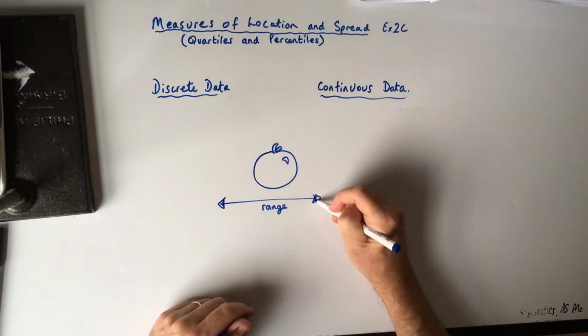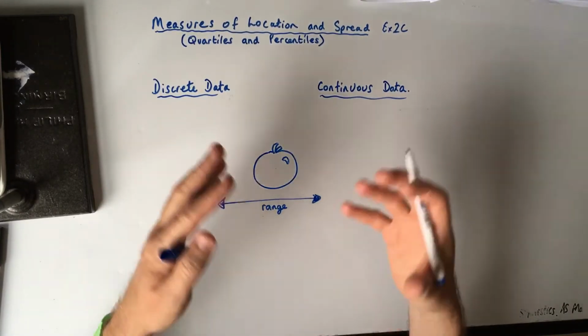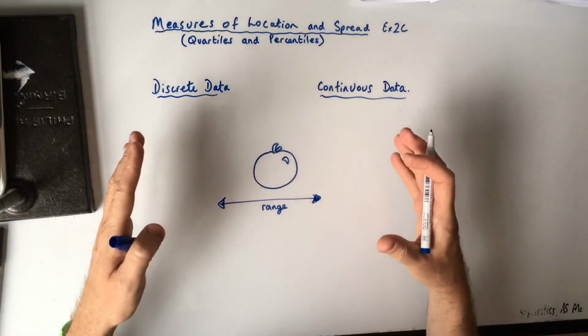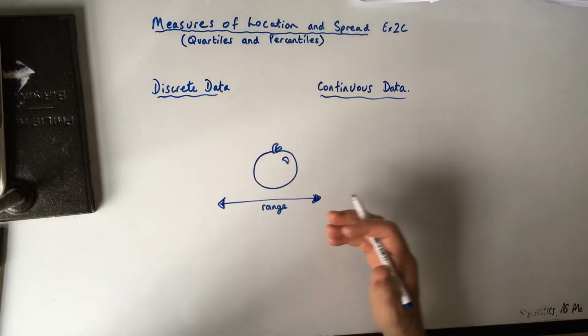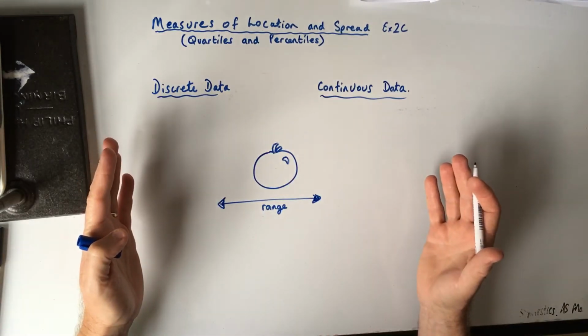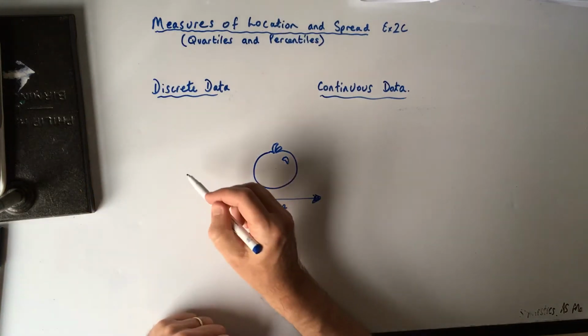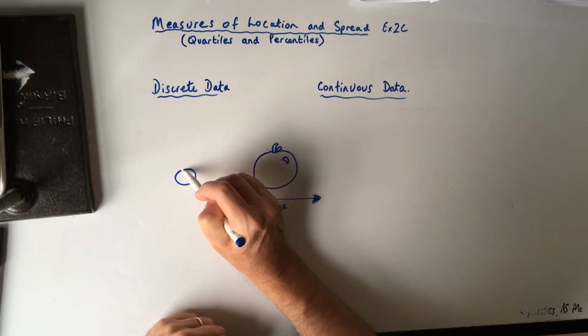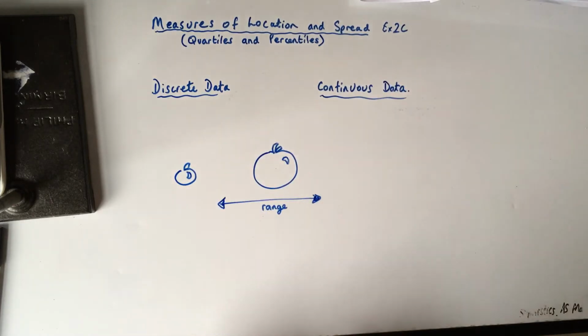So the problem with the range is if the supplier or the person looking at the sample looks at the range, the chances are if they're looking at a sample of a couple of hundred apples, in that sample there might be just one or two little piddly small ones like that.